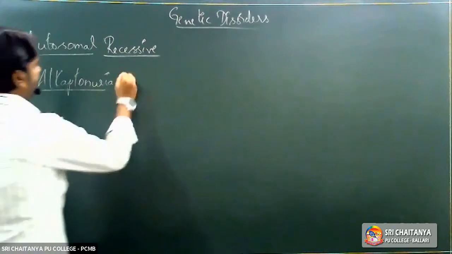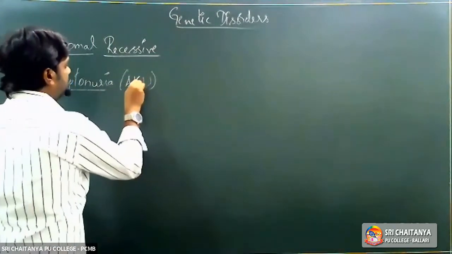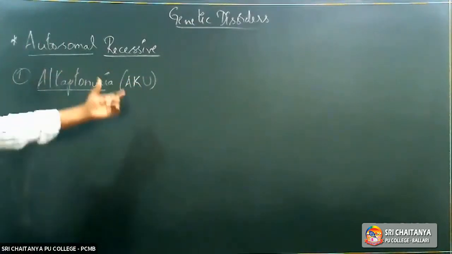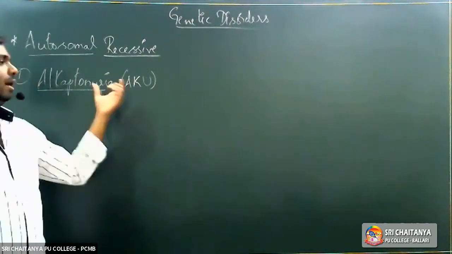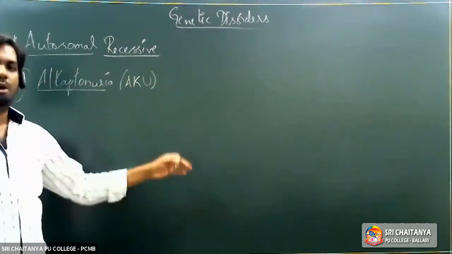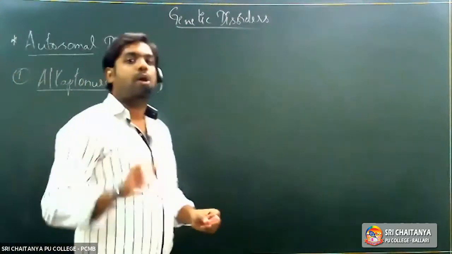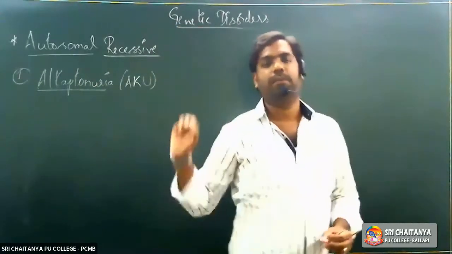It is usually abbreviated as AKU. You need to remember the abbreviations also, because in most cases, rather than the full form, the abbreviated forms would be given. This is considered the first inborn metabolic disorder identified by Sir Archibald Garrod.